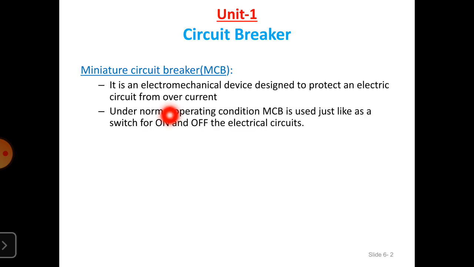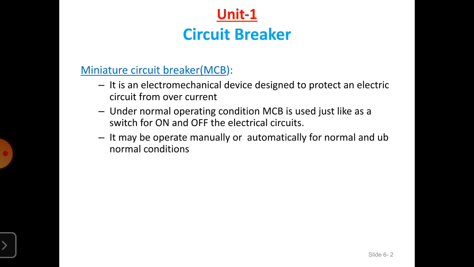Next, under normal operating conditions, that means the no fault condition, the MCB is used just like a switch to turn the electrical circuit on and off. It may be operated manually or automatically, for faulted and unfaulted conditions.